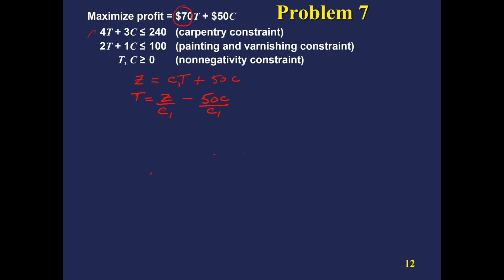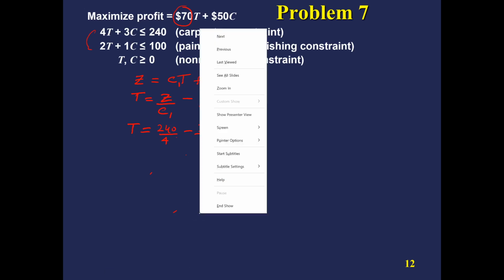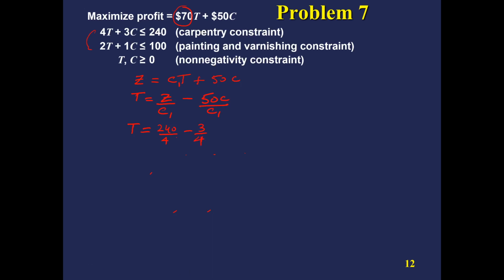Now we make the slopes for these two constraints equalities and find out the slopes of these two constraints also, and just equate those to find out the range. So for the first constraint, T is equal to 240 over 4 minus 3 over 4 C. This is the first constraint.